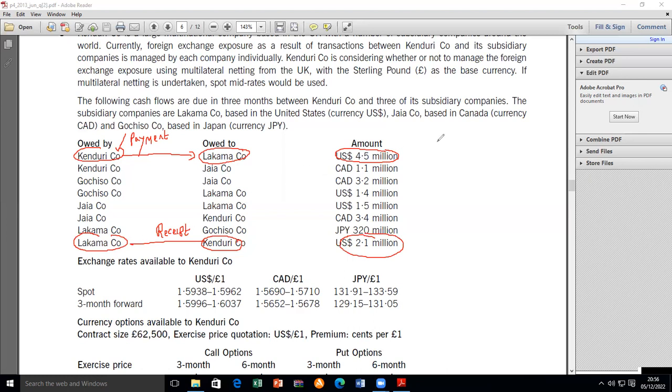So what we expect here then is that you're going to do a net off. We're going to find the net exposure. So the exposure is that the company has got a payment of 4.5 and it's got a receipt of 2.1.